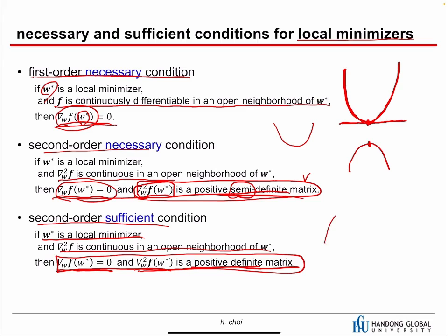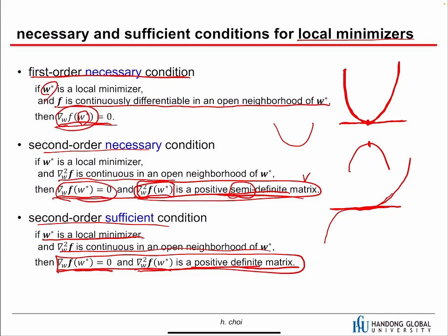So look at this one. At this point, the first derivative is 0 and the second derivative is 0 too, but use your imagination.